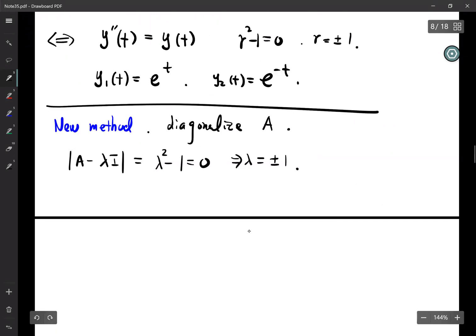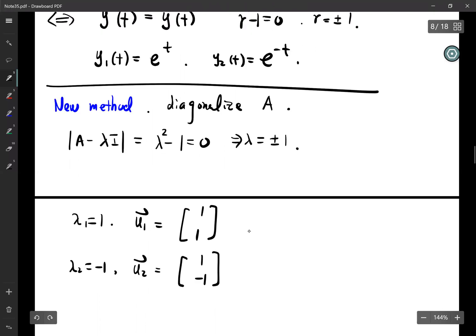So now I solve for the eigenvectors. For lambda 1 equal to 1, the matrix is minus 1, 1, 1, minus 1. The corresponding eigenvector, let's say, is 1, 1. And lambda 2 is minus 1, and the eigenvector is 1, minus 1.